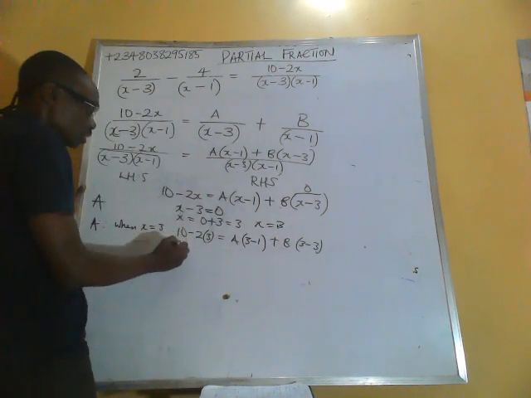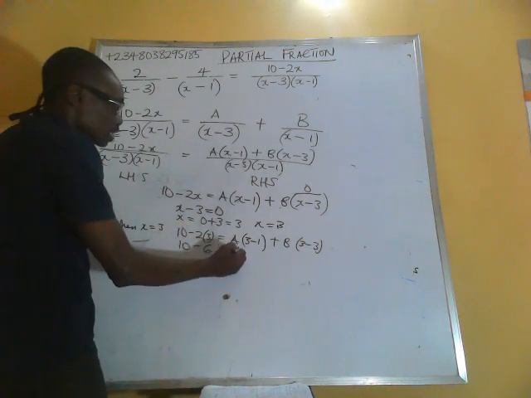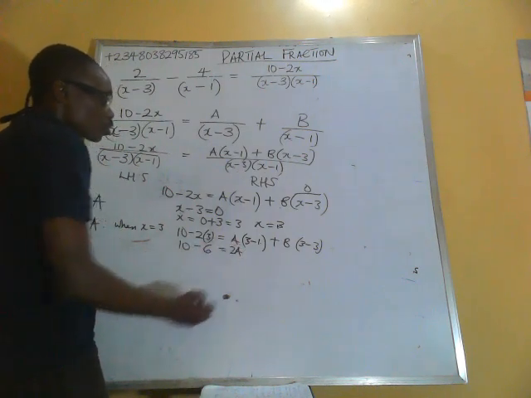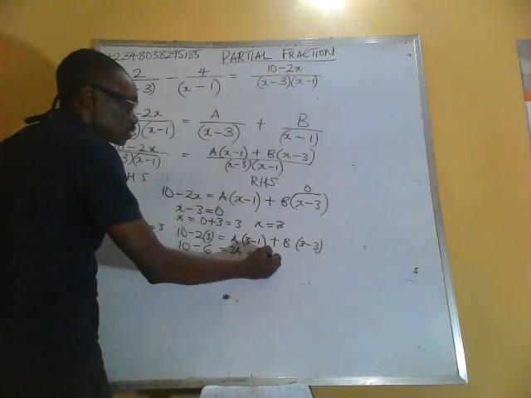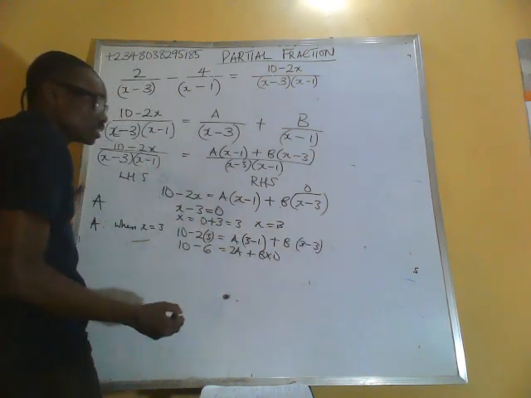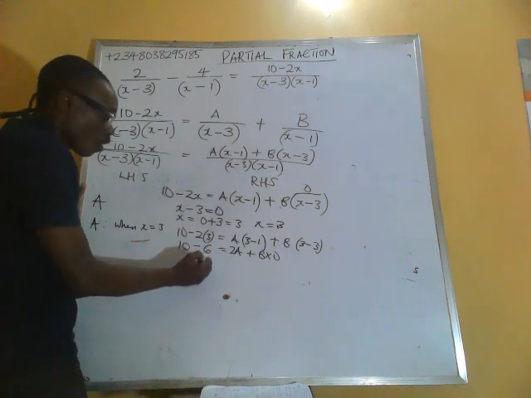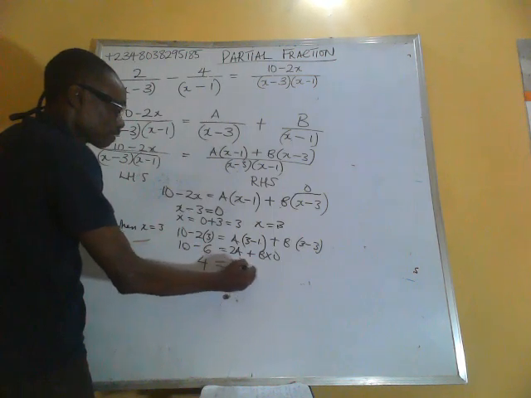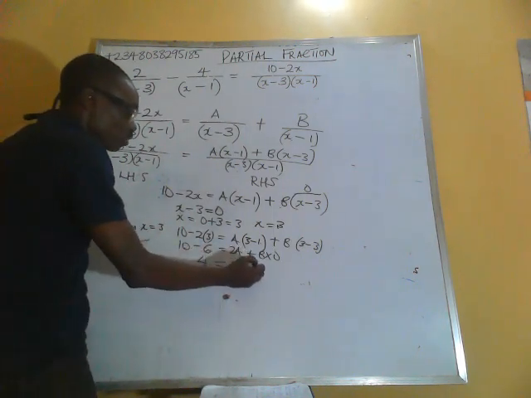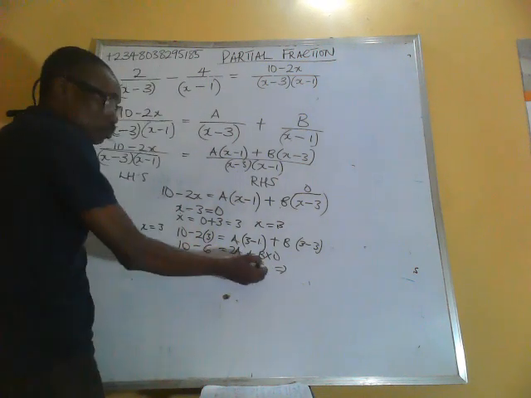So this is 10 minus 2 times 3, which is 6. This is A, 3 minus 1 is 2. So you have 2A there. Then plus B times 3 minus 3 is 0. So at the end of the day, 10 minus 6 is 4. Then you have 2A, and this is 0, which implies that 2A plus 0 is 2A.